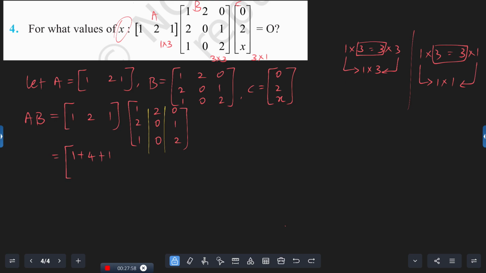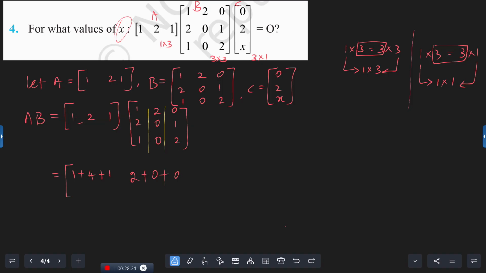Now over. Same row with the second column. Second column we have to leave a gap. I'm going to the next. First element with the first element: 1 twos are 2, plus 2 into 0, 0, plus 1 into 0, 0. Now same row with the third column.